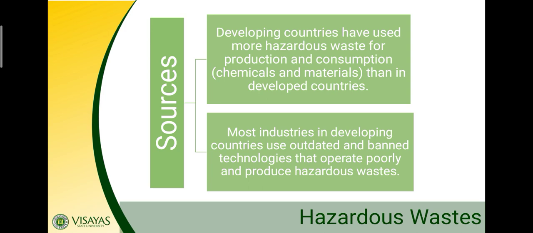Other sources of hazardous waste include transporters and disposal facilities, which face less strict management standards than in the developed world, as well as scavengers who reclaim and recycle waste that are hazardous or contaminated with hazardous waste.